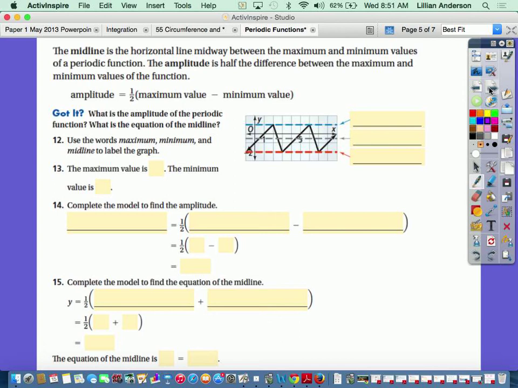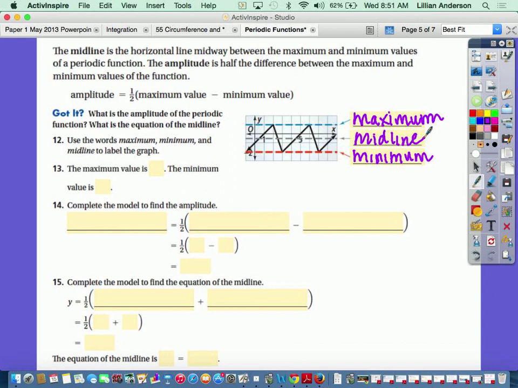All right? This top blue line represents the what? Represents the maximum. And the red line represents the what? The minimum. Okay? So the line that basically cuts right through the middle, between the maximum and the minimum, is called the what? The midline.